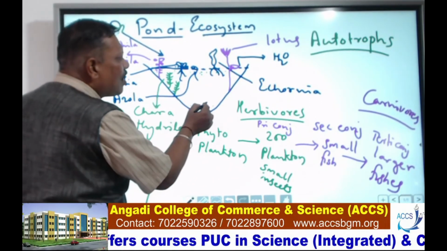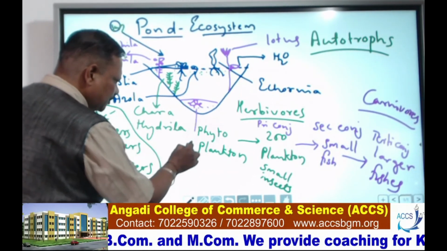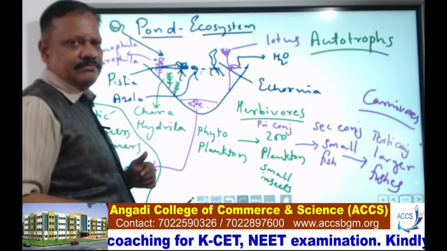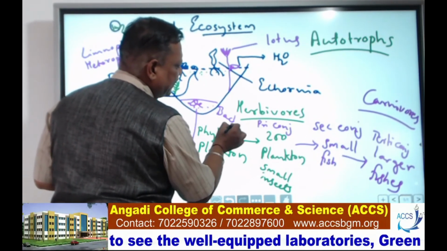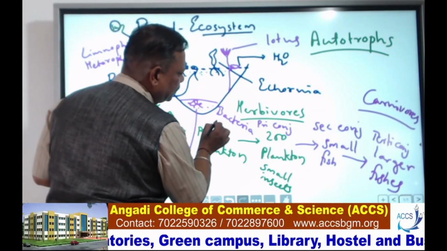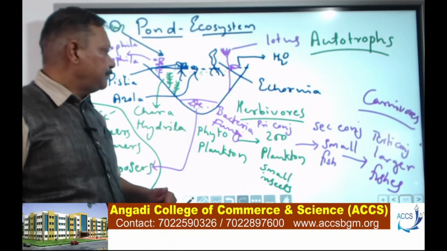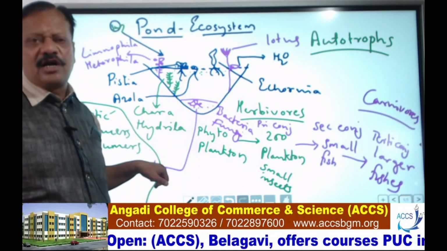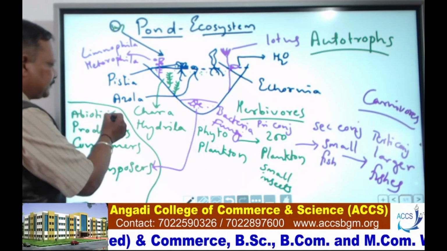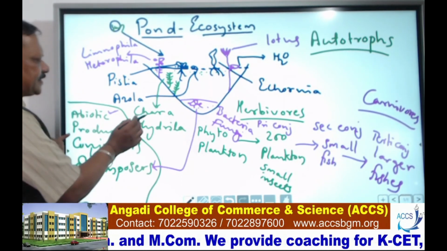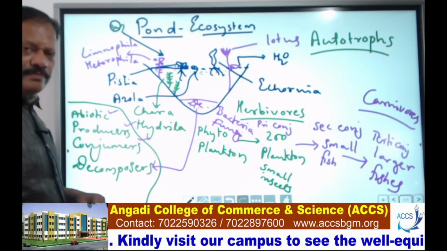So, we are calling them the decomposers. The decomposers are becoming the last level. Here, bacteria and fungi we are taking as example. So, in this way, you are observing the decomposers. So, the abiotic factor, the producers, and the consumers, in this primary, secondary and tertiary consumers, you observe.